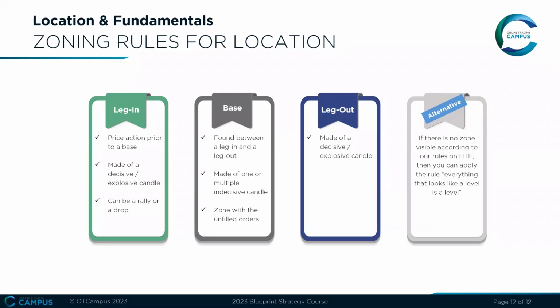And sometimes it's even going to be the case that on a higher time frame, you will not find clear zones. You may find clear zones, but the only way you're going to find them is by going back in time 20 years and looking below price, minus 50, minus 60%.